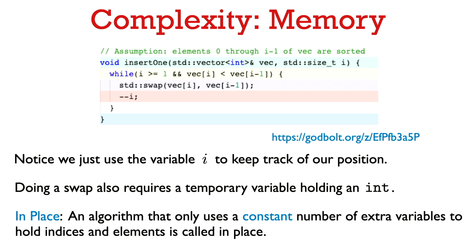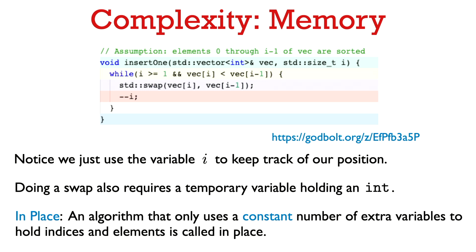So we have a simple loop here to keep swapping the element with its left neighbor so long as there is a left neighbor and the element is smaller than its left neighbor. I'm just using a library function here, standard swap, to do the swap.